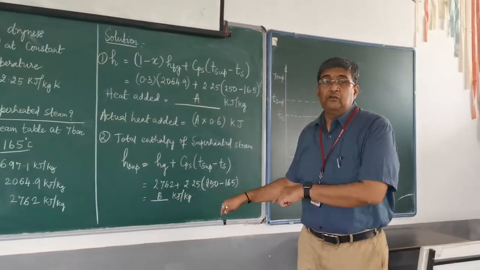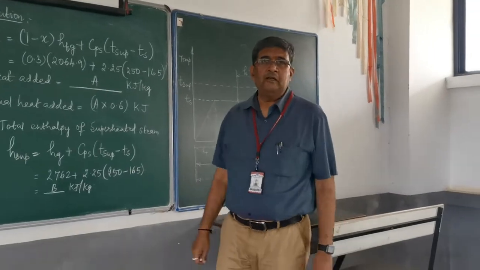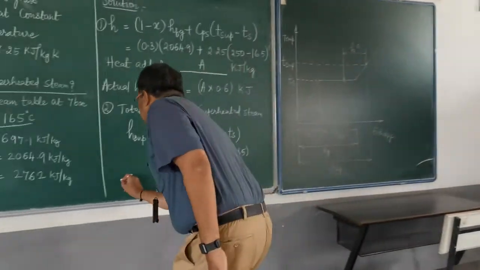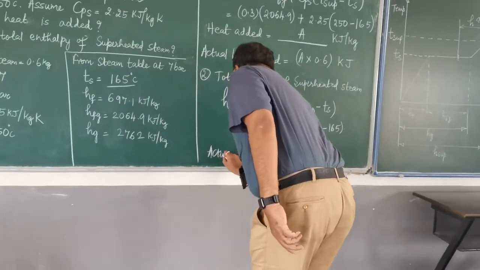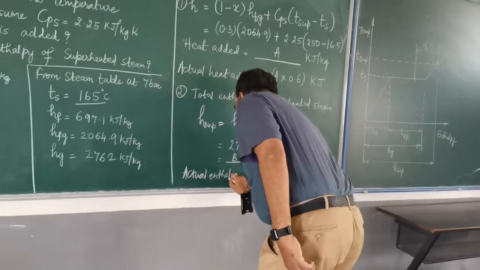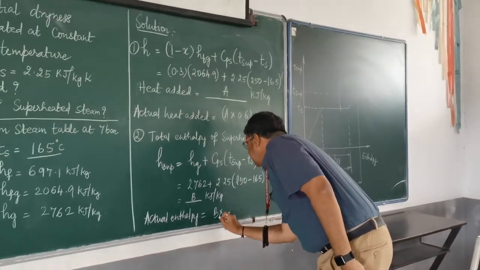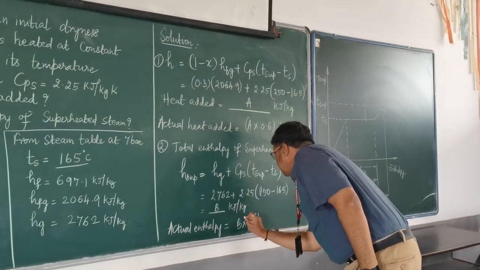Now this value is also for 1 kg. But what is given in the problem is 0.6 kg. So the actual enthalpy is equal to, let's say, B into 0.6.